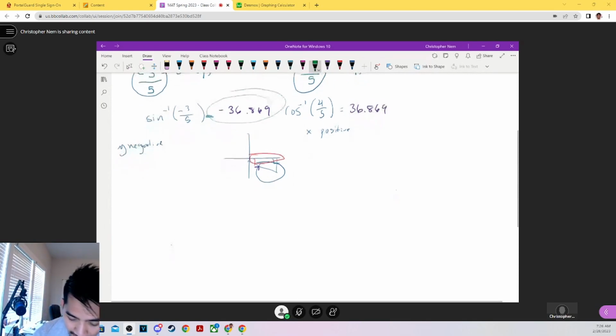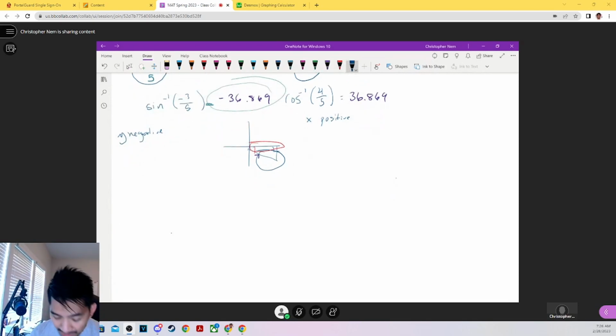That means I can rewrite my entire expression as 5, which is our k value, hypotenuse slash radius, sine of x plus negative 36.869 degrees. All right, that's what our expression is equivalent to.